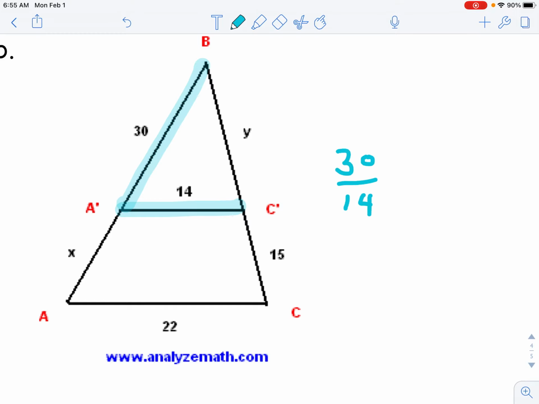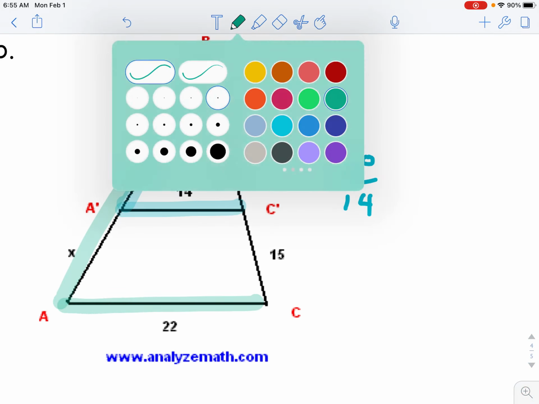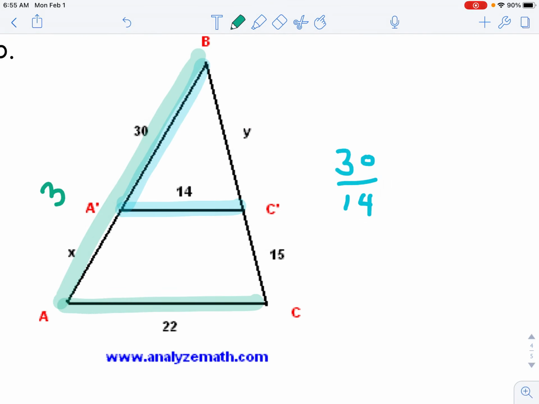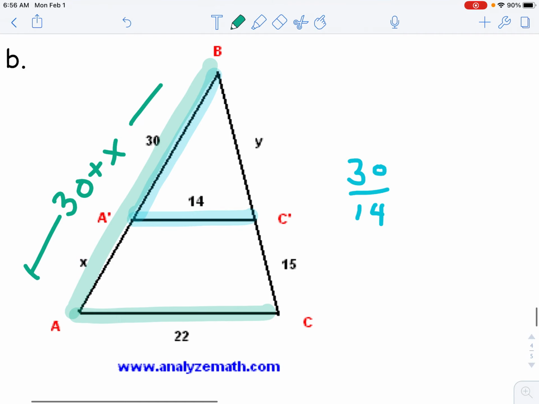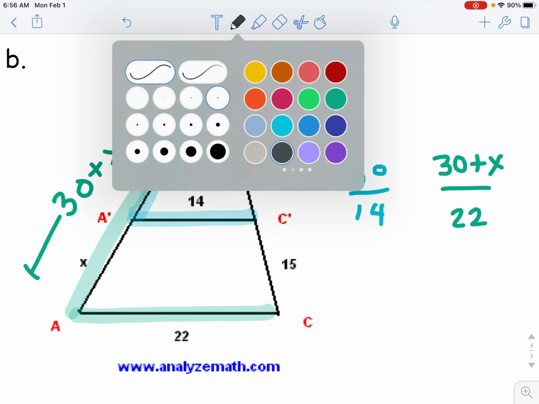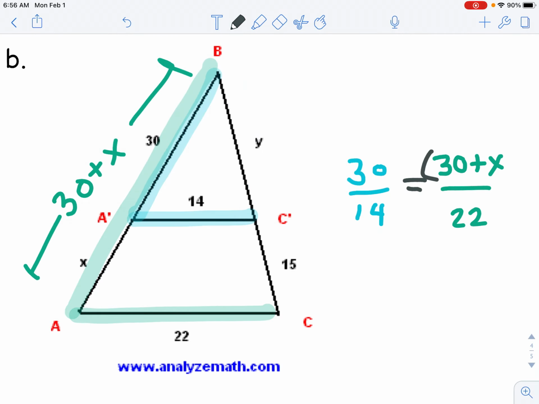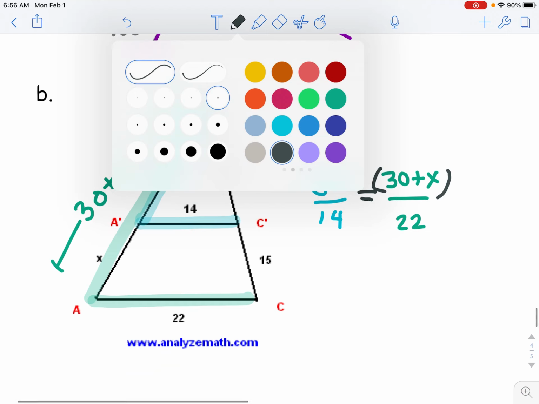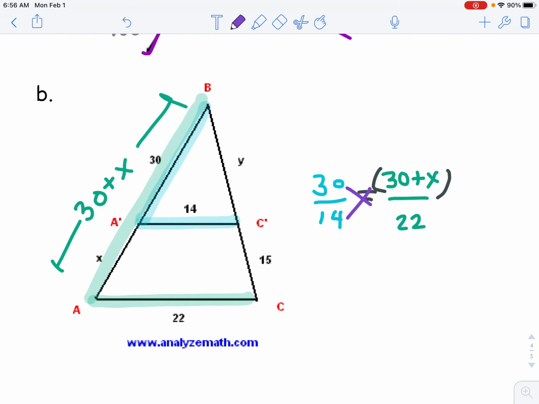All right, so this problem's good because it's forcing us to think a little bit and match up corresponding parts. This over here, well, what's this left side? It's 30 plus x. So then I can say, well, now I'm going to have 30 plus x over 22. Set them equal to each other, put parentheses, and again, just a massive amount of cross multiplying.